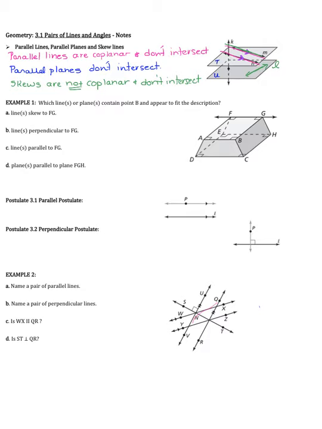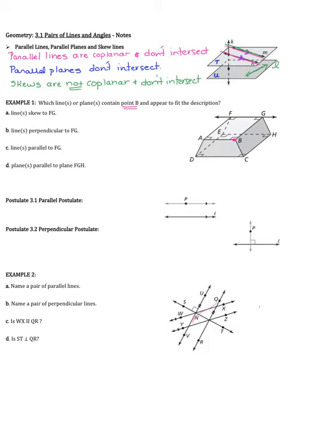All right, so now let's look at how we can identify some of this. So we have a diagram here, and we're going to be focusing on this point B right here. So we want to know all the situations where a line or plane that contains point B fits the following description.